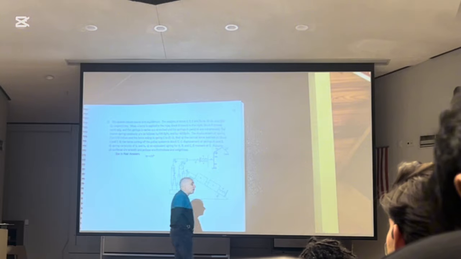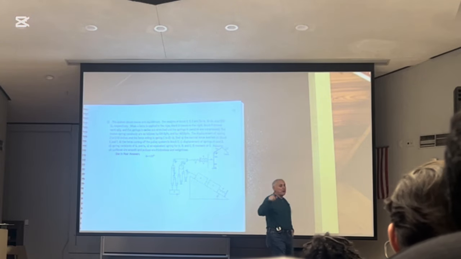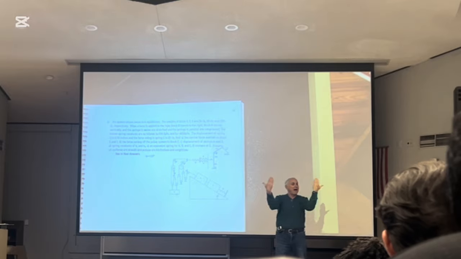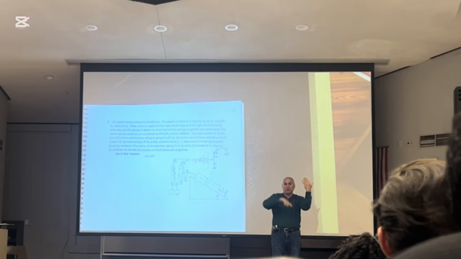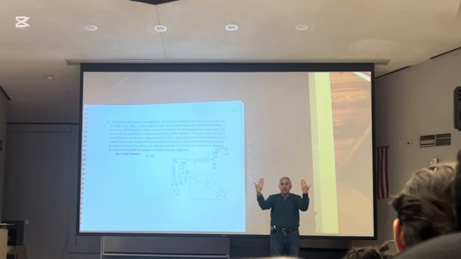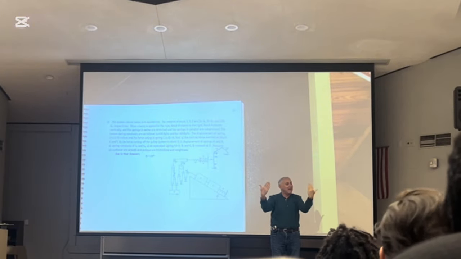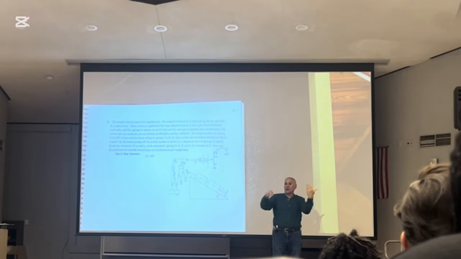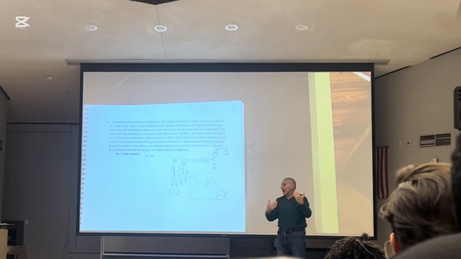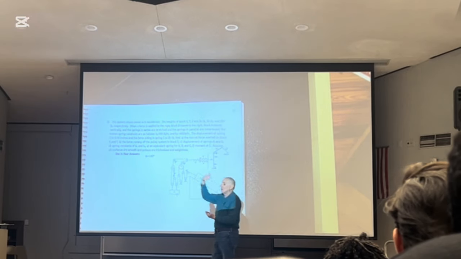Now, because we call it frictionless, what do I know about the tension on the left and right side of the pulley? Pretend there's a pulley here. Here's one force, here's the other force. They're equal. Now, if there's friction in the pulley, they aren't equal. We're going to keep them equal until we get to the friction chapter.